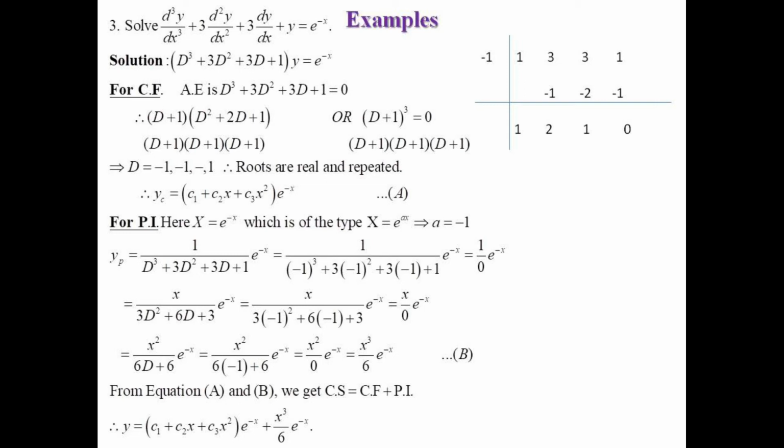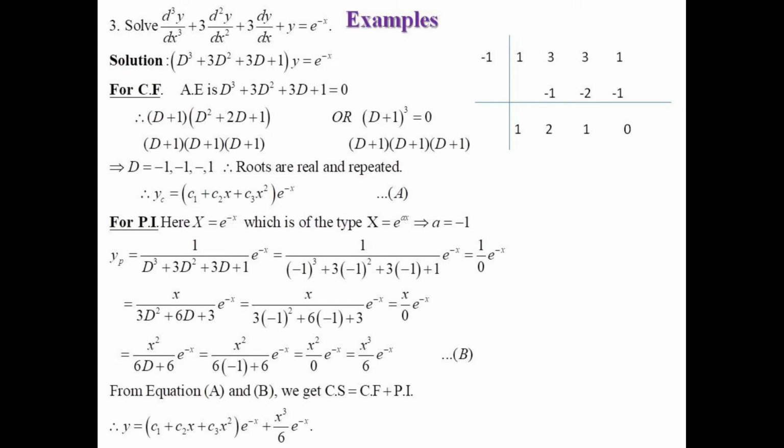So according to the type 1 formula for finding the particular integral, the particular integral is 1 upon f of d, where f of d is d cube plus 3d square plus 3d plus 1, into e raised to minus x. So replace d by a, where the value of a is minus 1. So minus 1 whole cube plus 3 into minus 1 square plus 3 into minus 1 plus 1.